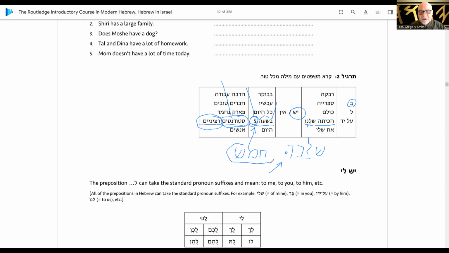So hamesh, that equals 5. Okay, let's try this again, where you use a bet instead of the hey, with a patach under there. Bakita shalanu, in our class, yesh, there is basha'a hamesh, at the hour of 5 o'clock, studentim retzinim, serious students.